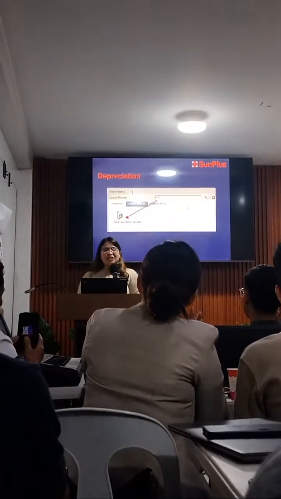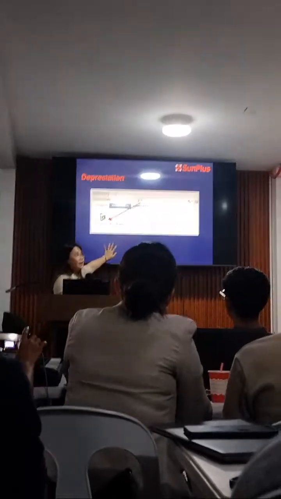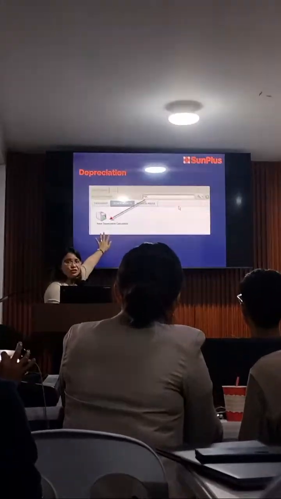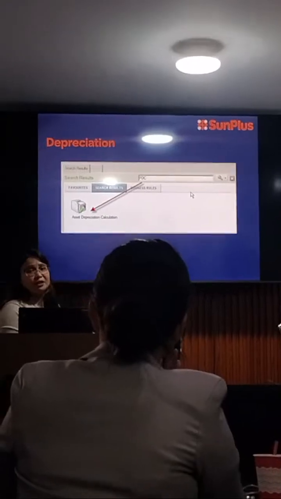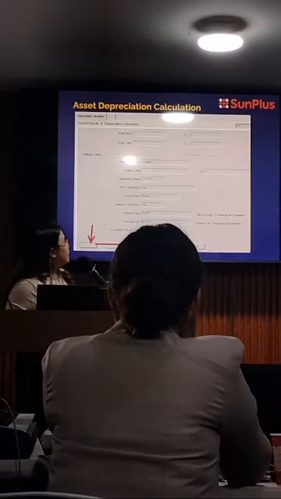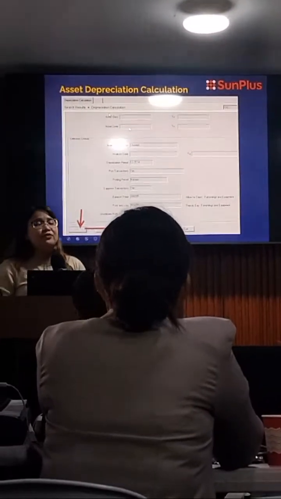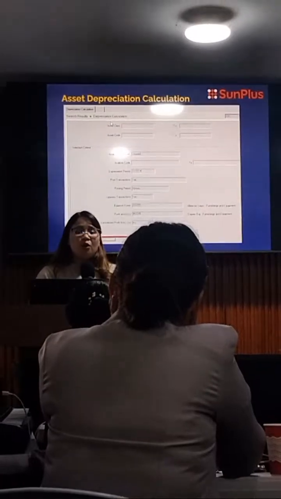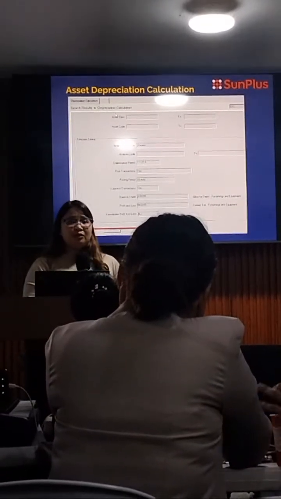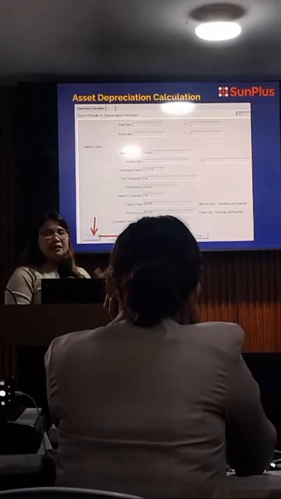Asset depreciation calculation. So this is a different function. Okay? This function is really just for the depreciation. So you go to asset depreciation calculation, and then on the asset code, if you want to process all the asset codes all at once, leave it blank. Okay?